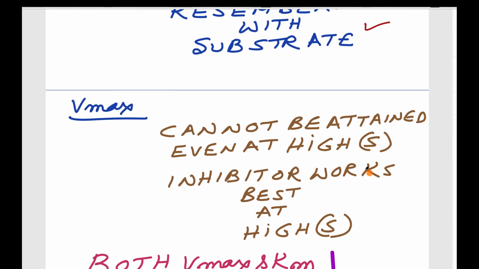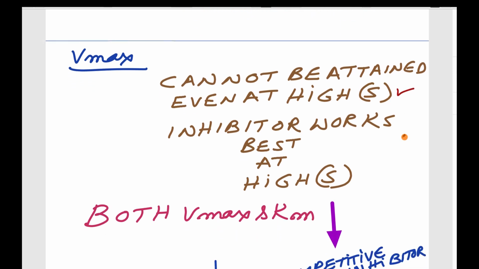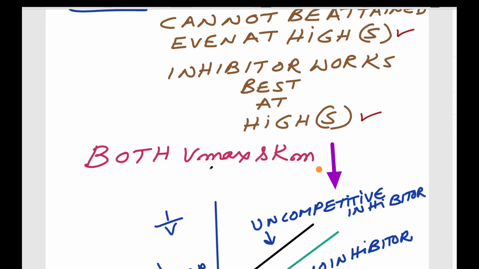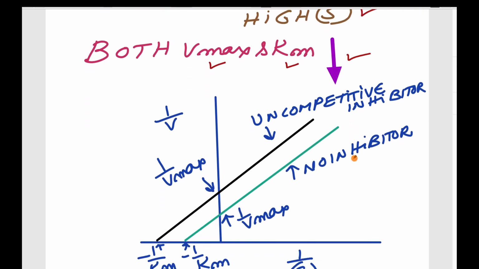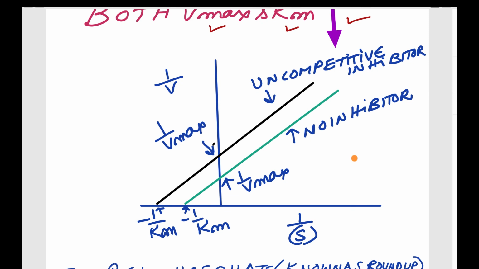V maximum cannot be attained even at high substrate concentration. In fact, the inhibitor works best at high substrate concentration. Both V maximum and Km are decreased. Let us make it clear with the Lineweaver-Burk plot. Compared with the scenario when there is no inhibitor, V maximum is decreased and Km is also decreased.